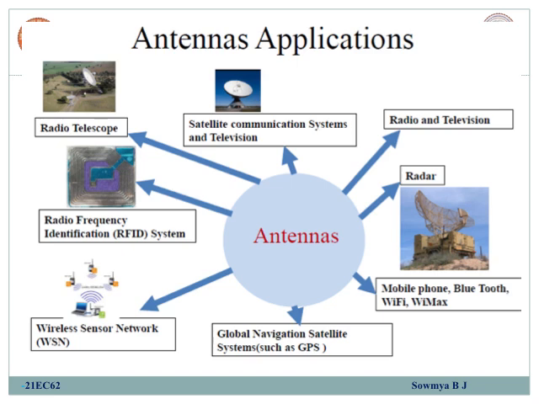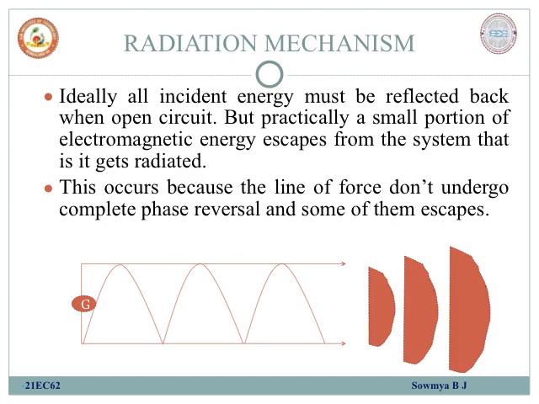Like this, the antenna is used in almost all fields, starting from common applications like mobile phone, Bluetooth, Wi-Fi, WiMAX, RFID, to radio astronomy applications as well, and GPS applications as well.